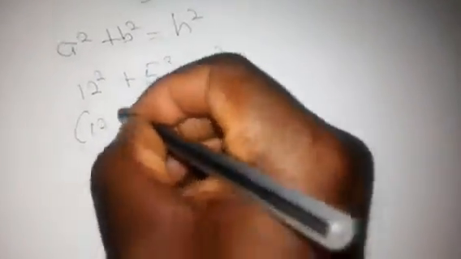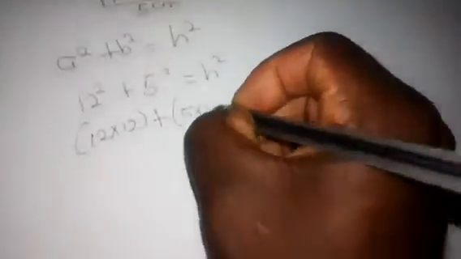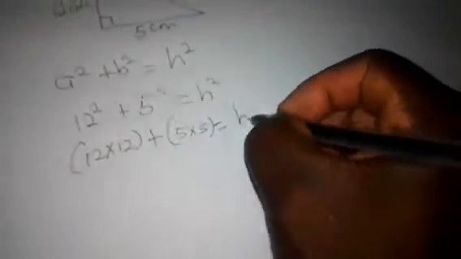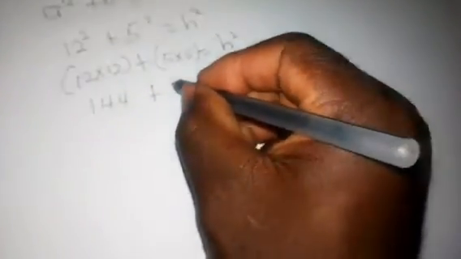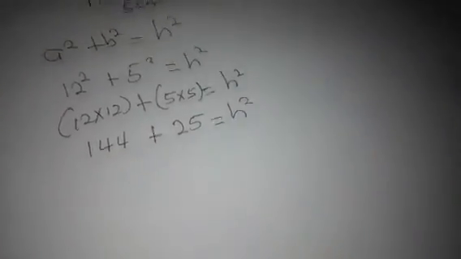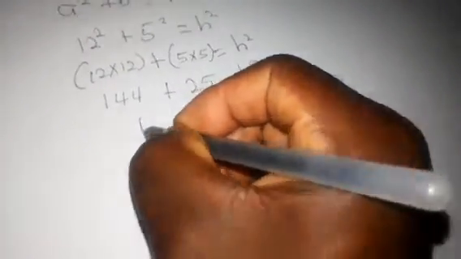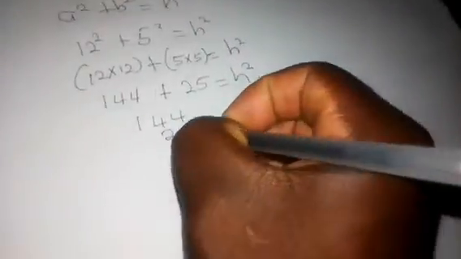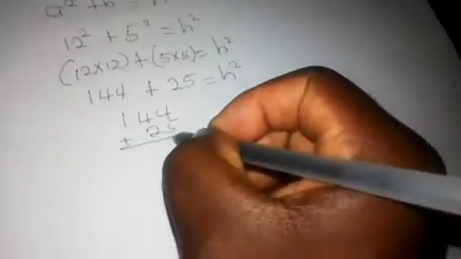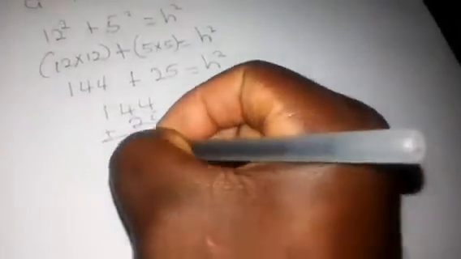12 squared is the same as 12 times 12, plus b squared is the same as 5 times 5, and we are supposed to get h squared. 12 times 12 is equivalent to 144, plus 5 times 5 is equivalent to 25, which is the same as h squared. 144 plus 25: 4 plus 5 is 9, 4 plus 2 is 6, then here is 1.